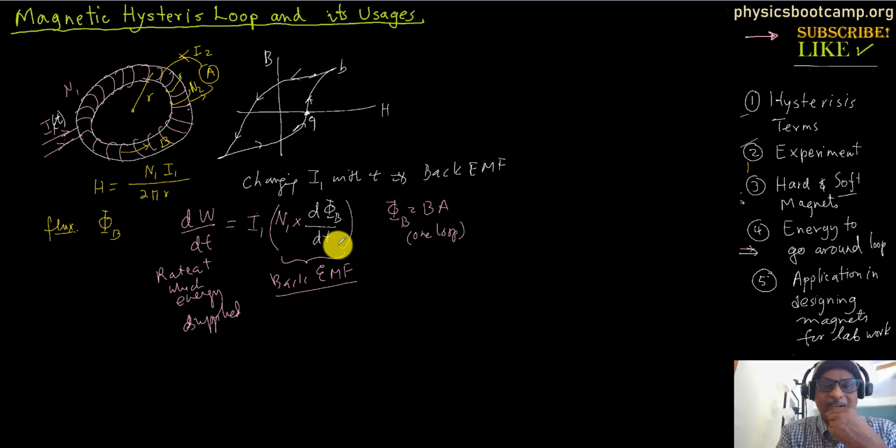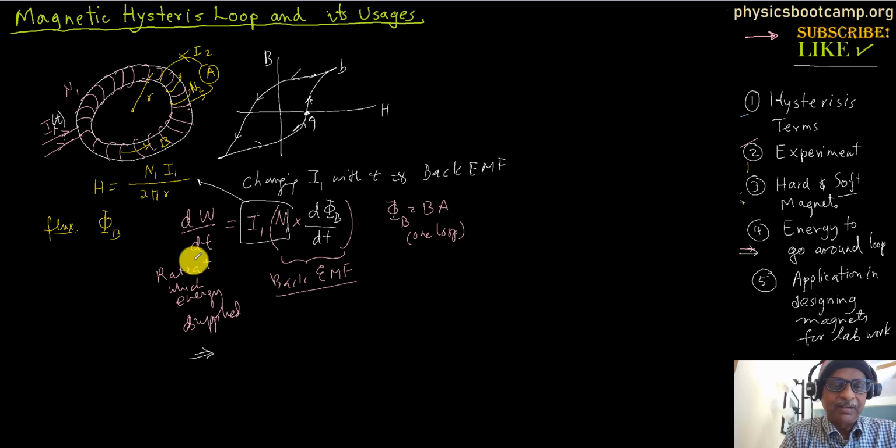It seems like I should be able to cancel dt on both sides and make some progress here, right? And that's actually true. One more thing I can do is write this in terms of H. First the dt cancels out on both sides.